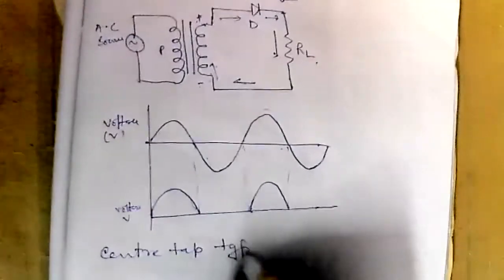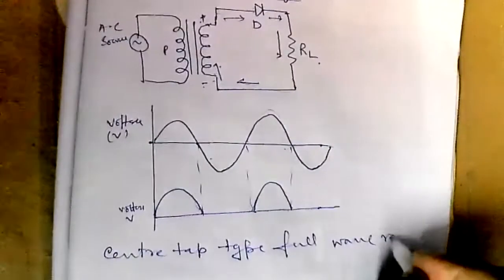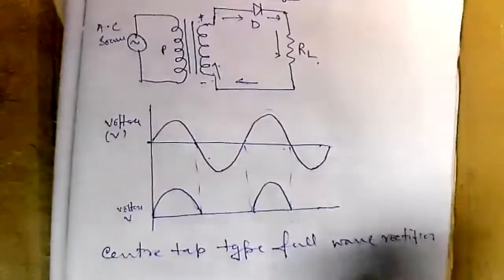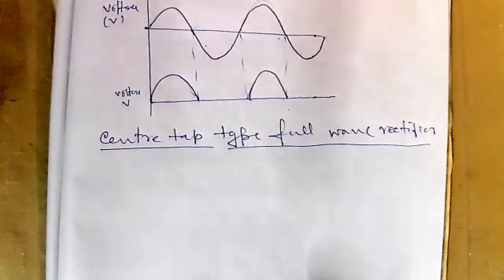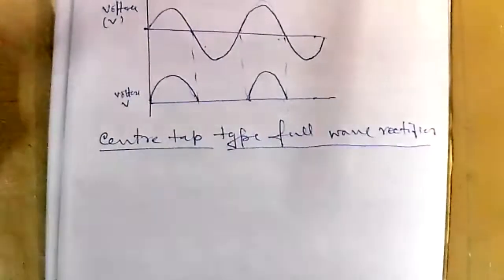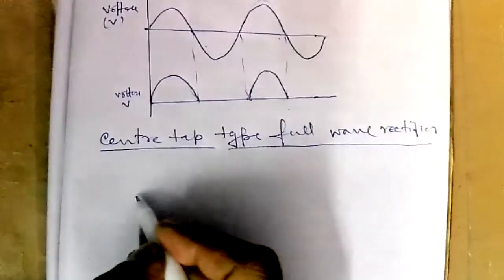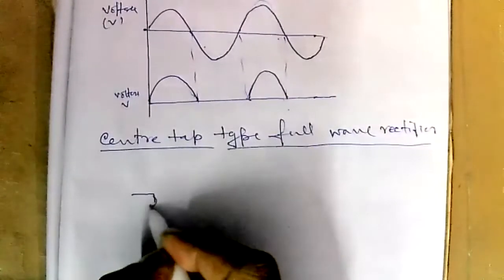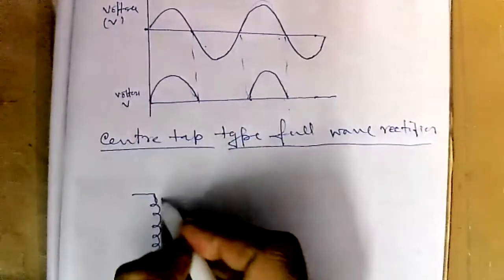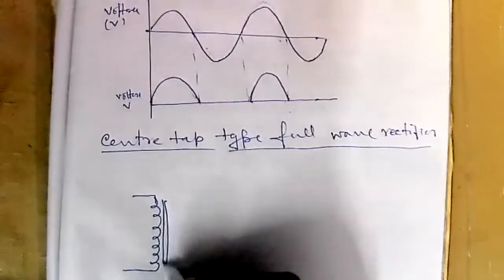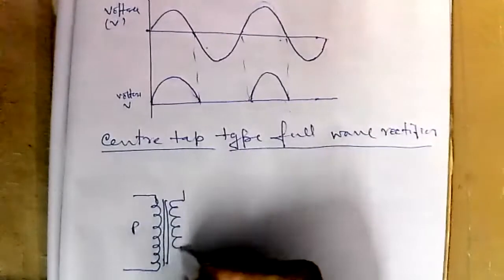tap type full wave rectifier. So here we will use two diodes and we will make a tap at the center of the transformer. That is why it is called center tap type. This is the primary of the transformer. This is the secondary.